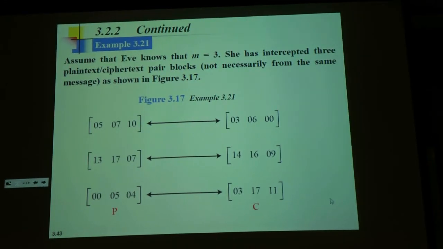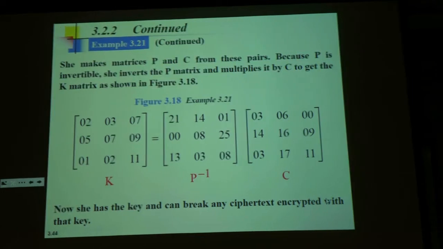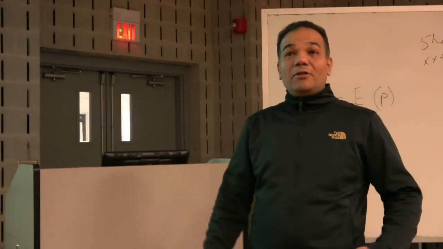Can you get the key? That's where the danger is, right? So very simple. You have the ciphertext, calculate the inverse matrix for the plain text, multiply together, what do you get? The key. You're done. The key is gone, right?